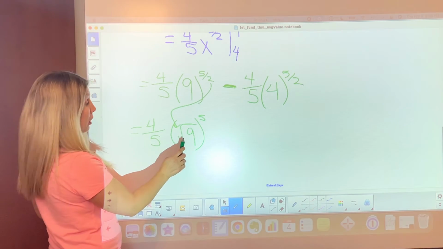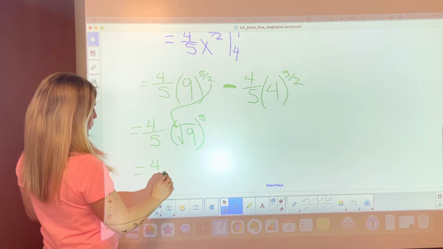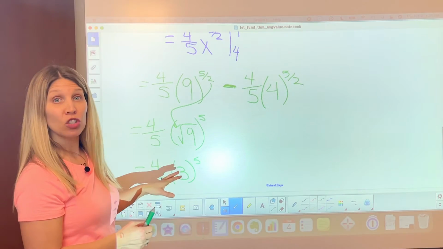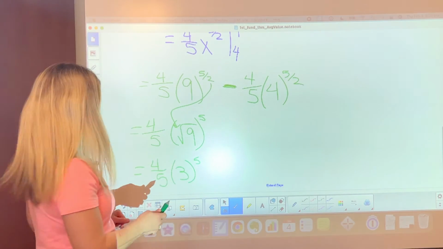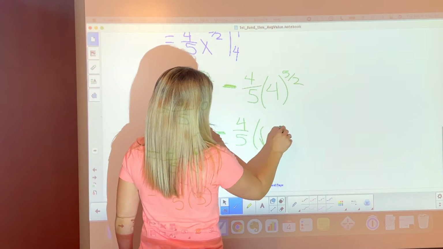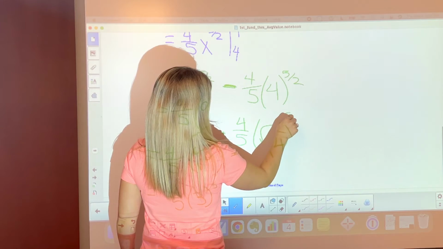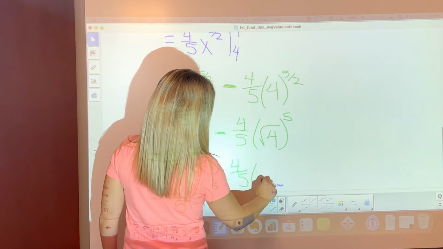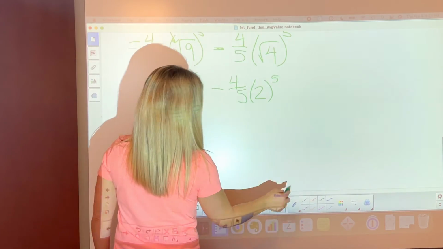And I'm doing this because I know that the square root of 9 is easy to find. That's just 3. And it's much easier to do 3 to the 5th. Minus, so same thing over here, 4/5. I'm going to do the square root of 4 to the 5th power. Minus, so now I'm going to simplify this. This becomes 2 to the 5th power.